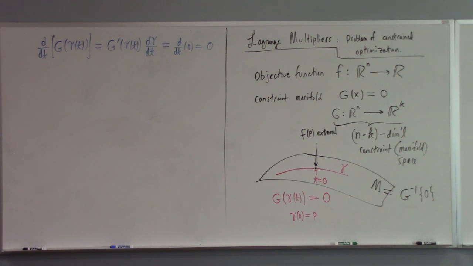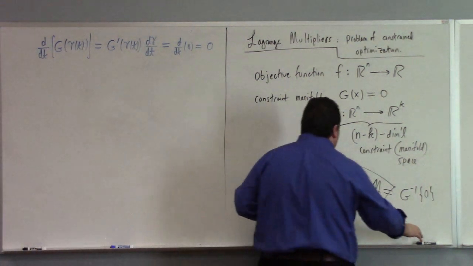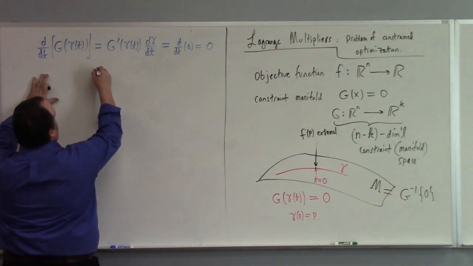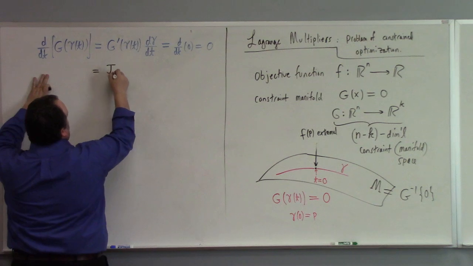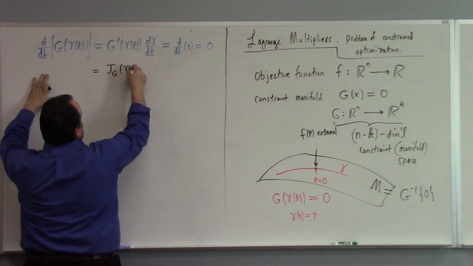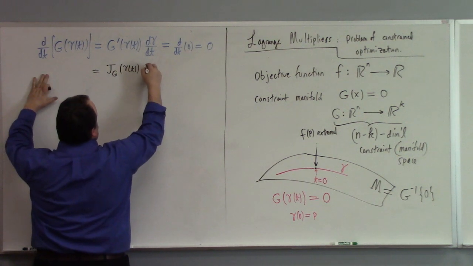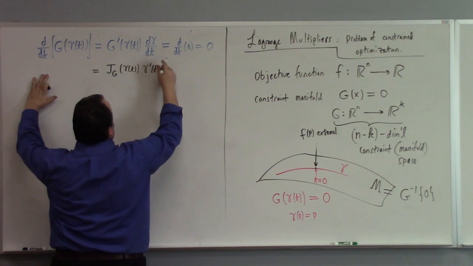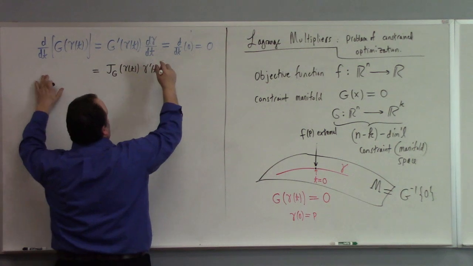Now let me break down what that means, what I'm writing, right? Because you're like, wait a minute. Don't you mean Jacobian? Yes, I mean Jacobian. So this means the Jacobian of g at gamma of t times gamma prime of t. Well, I guess we should specifically say what?